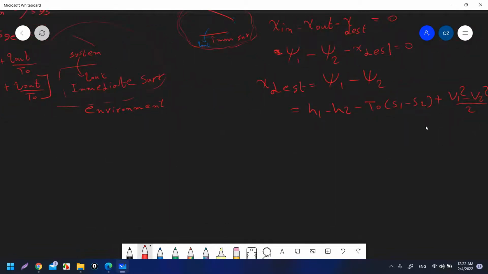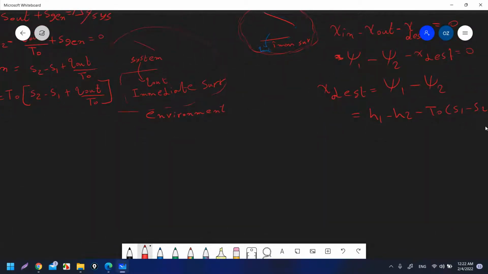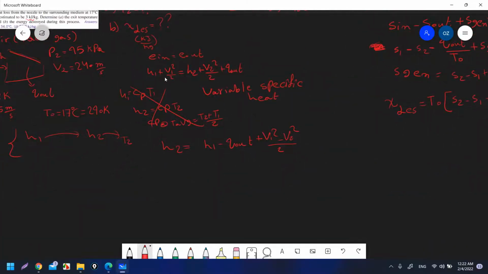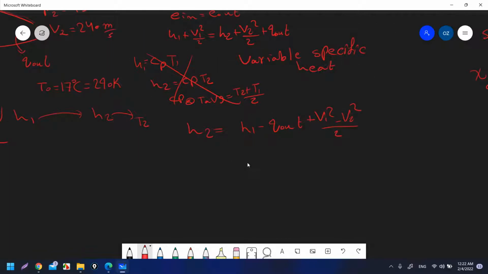How is this equation equal to this equation? So let's put them like this. From the energy balance, h1 plus V1 squared over 2 equals h2 plus V2 squared over 2 plus q out.